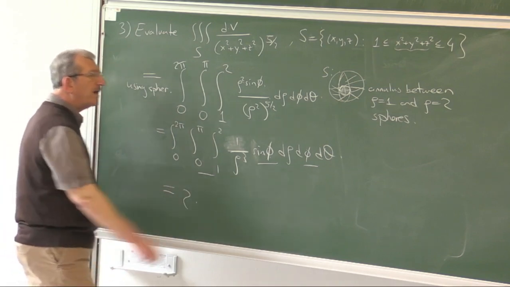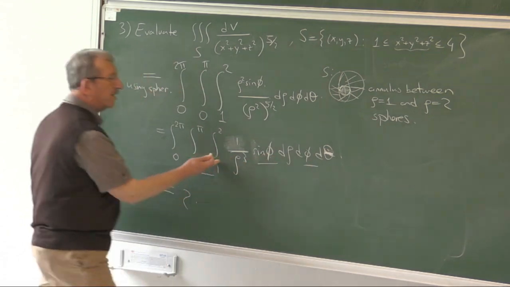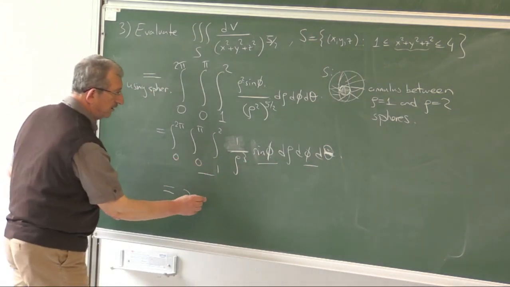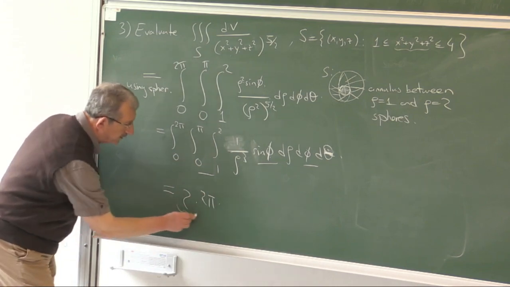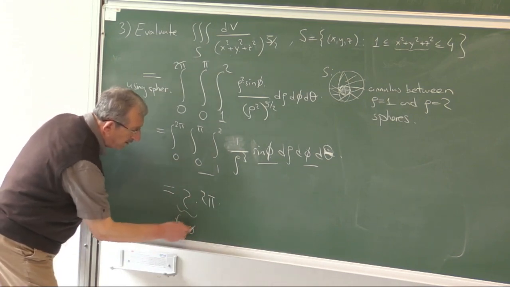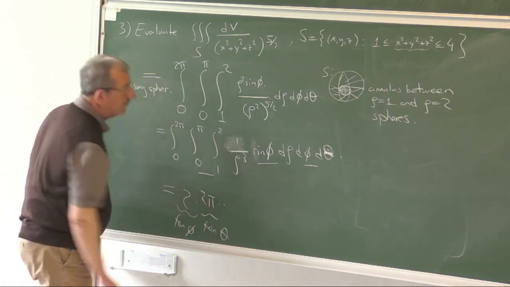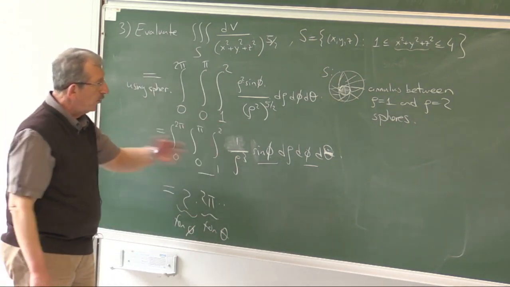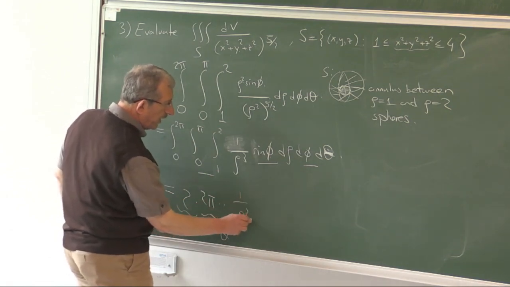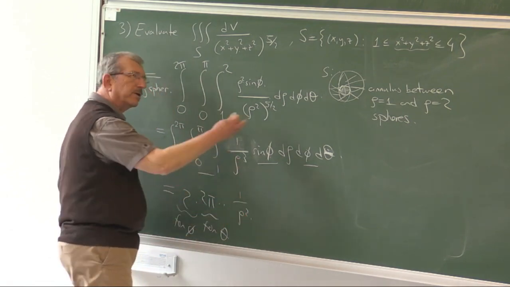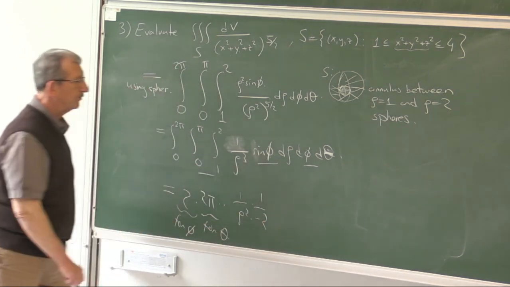Okay. Theta, well, there is no theta anywhere, so it is just 2 pi for theta. This is for phi. This is for theta. And with rho, we have 1 over rho cubed, which means, when you integrate, you get 1 over rho squared divided by minus 2.